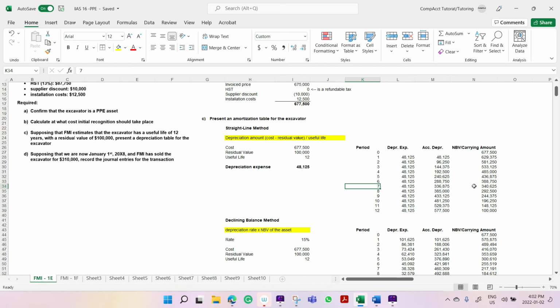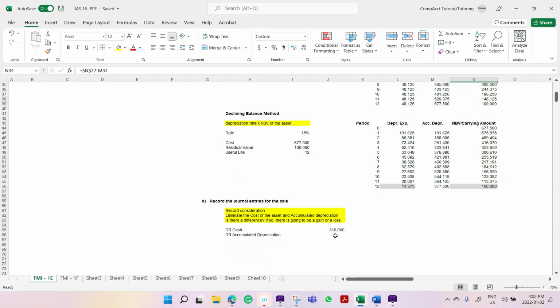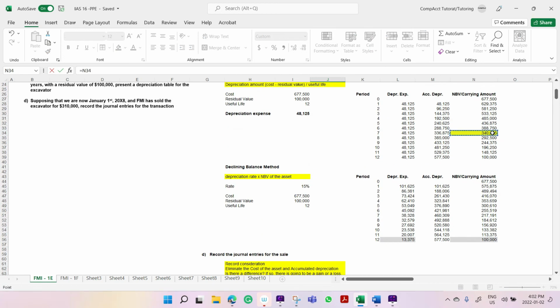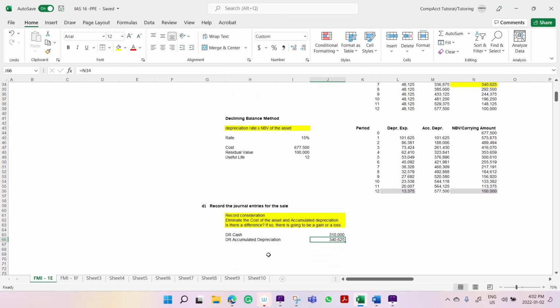The carrying amount, the net book value of the excavator at that time, is $340,625. So I have to reverse that amount. What else do I know? I'm going to skip a row here.